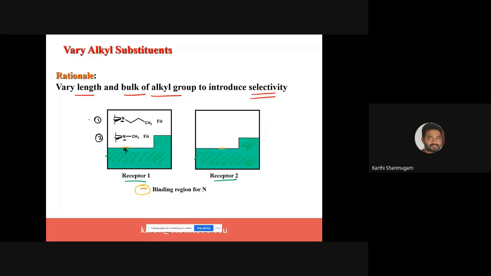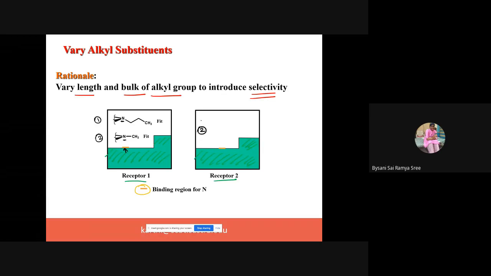Can we do the same thing for receptor 2? What will happen? Can we fit both the molecules in receptor 2 or not? Only 2 can be fitted in receptor 2.